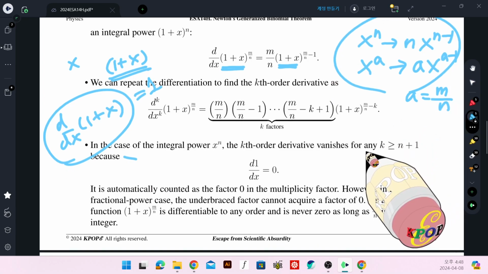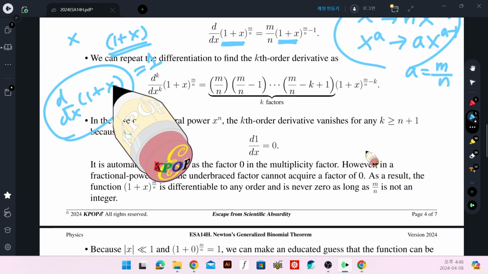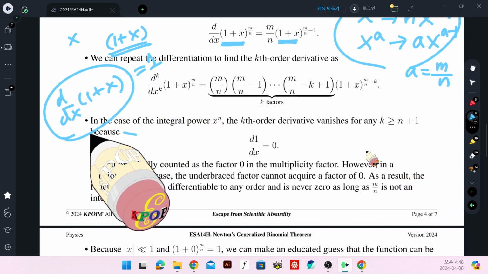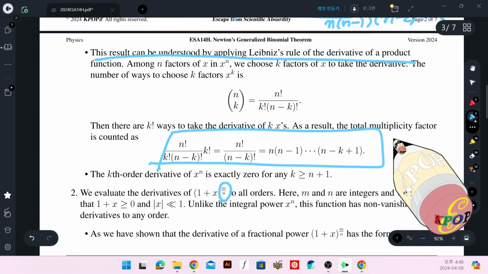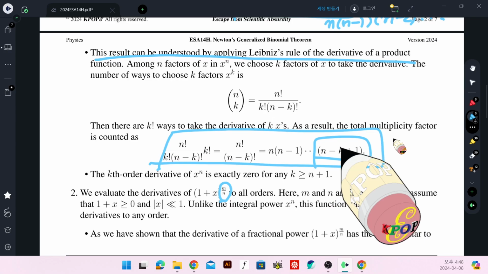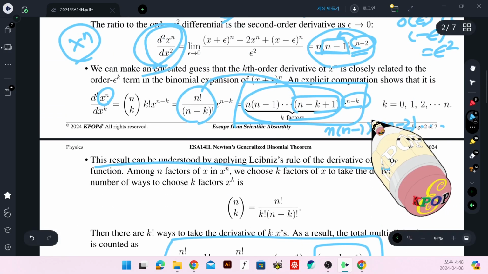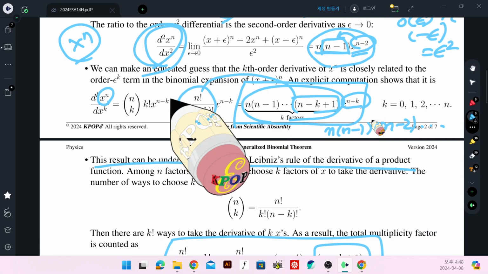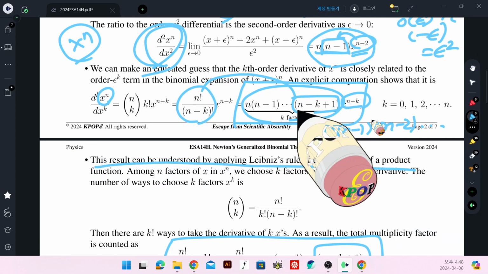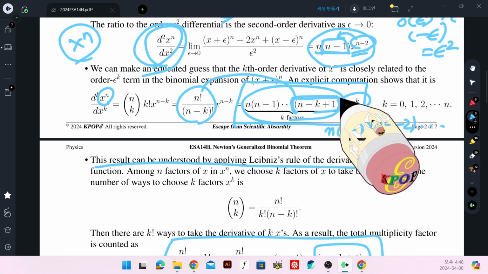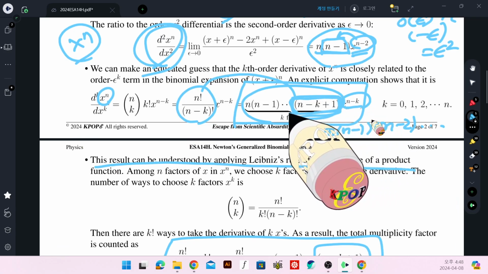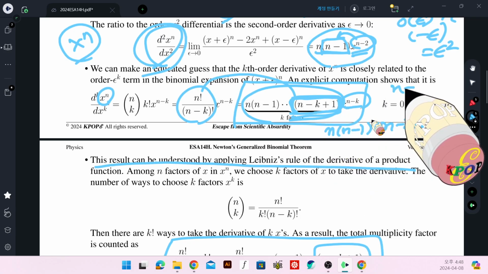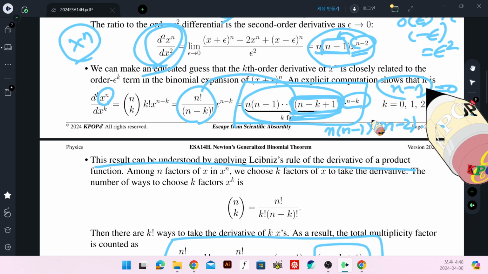Finally, we can apply the derivative to arbitrary order. By the way, in the previous case, because of the factors in the derivative for the integral power function, at the end of the day we find a factor 0. For example, n minus n, that is identical to 0, and from a certain order on, any high order derivative absolutely vanishes.